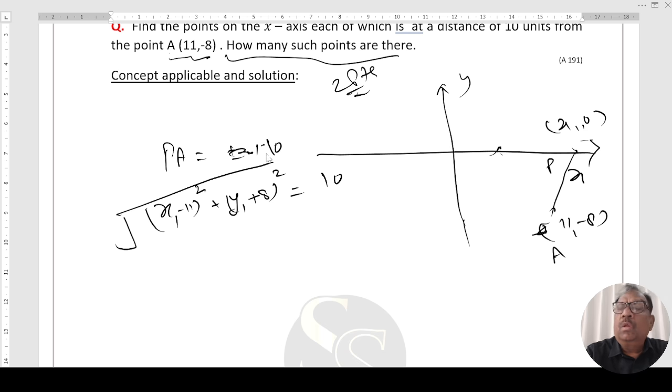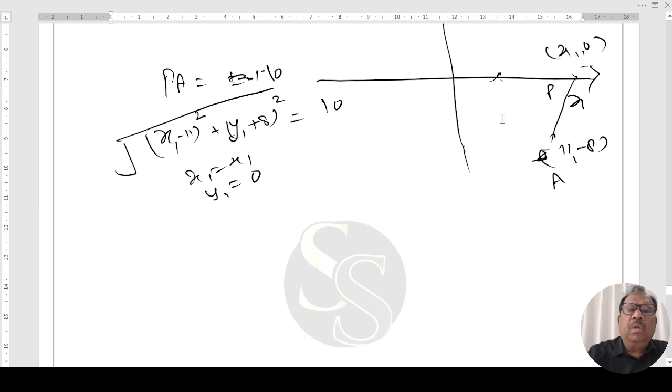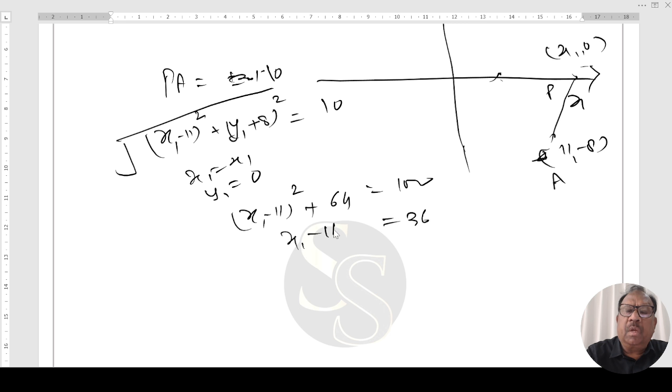This point is (x1, 0), so y1 equal to 0. We put x1 minus 11 whole square plus 64, with 0 put in, equal to 100. Squaring both sides, this comes out to 36, x1 minus 11 equal to plus minus 6.